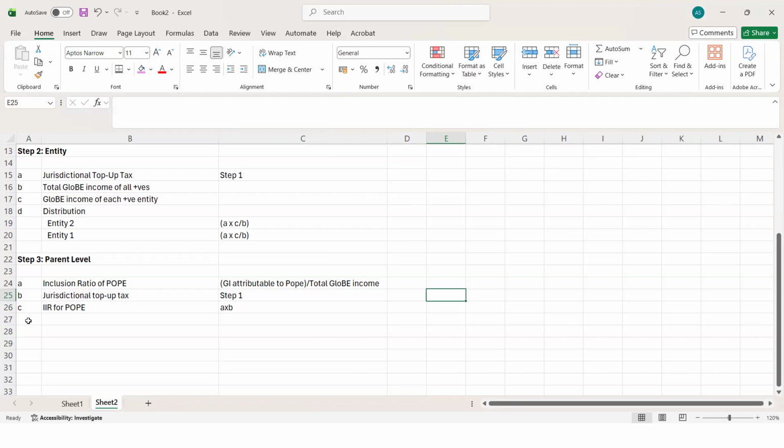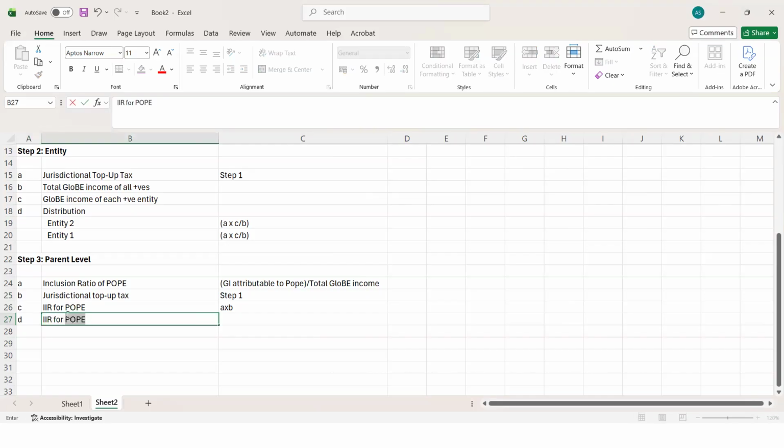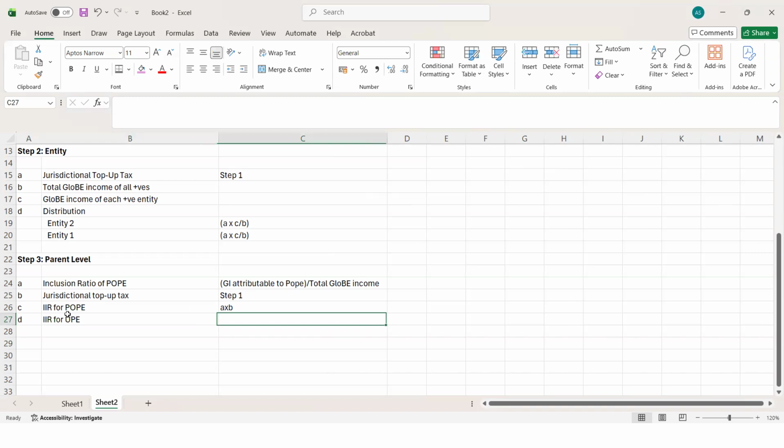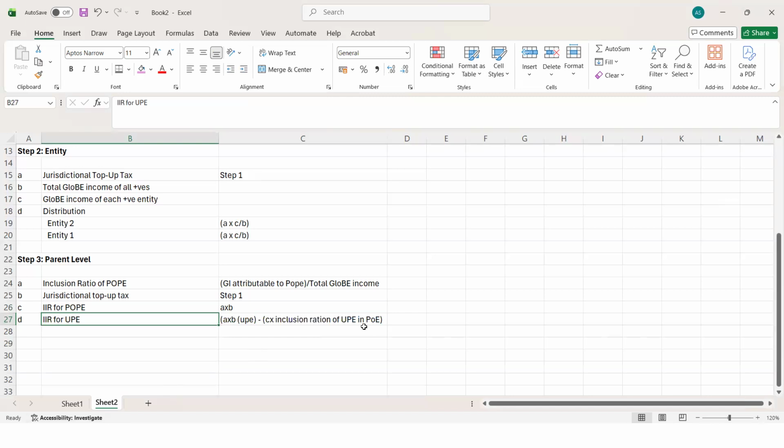Then you have to find the IIR for the UPE also, right? How would I find the IIR for the UPE? You have to do the same thing, A into B of the UPE minus C, which is the IIR paid by POPE, into the inclusion ratio of UPE in POPE. Then you will find the IIR for the UPE. And what we did here is what we call offset.